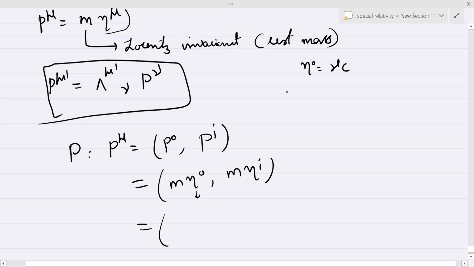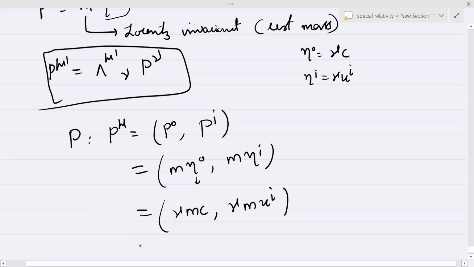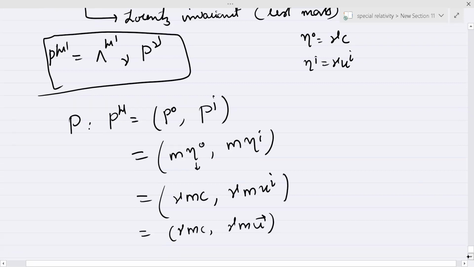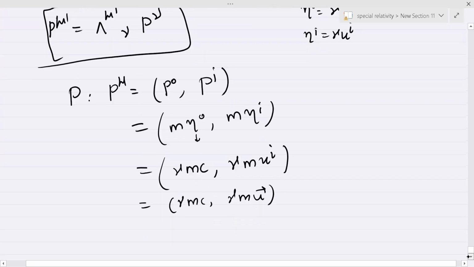Eta 0 was gamma c and eta i was gamma u, correct? So this becomes gamma mc and this becomes gamma m u i. Or in other words, you can also write it as gamma mc, comma, gamma m u vector. These are the components of the momentum four-vector.